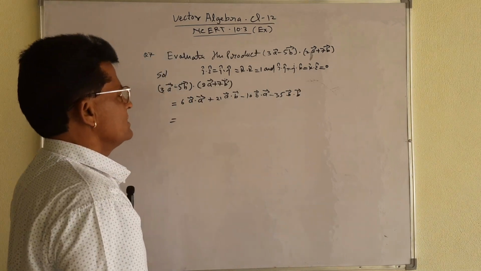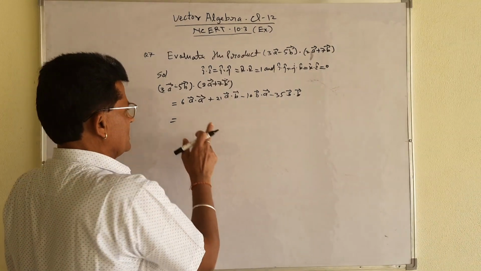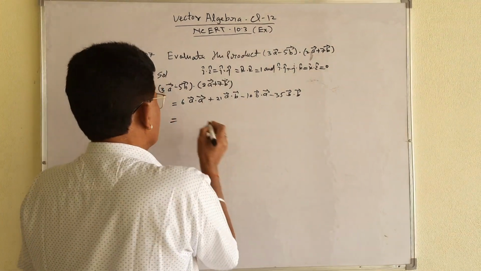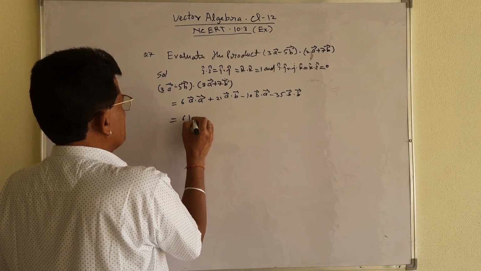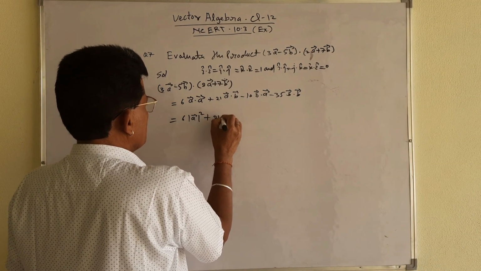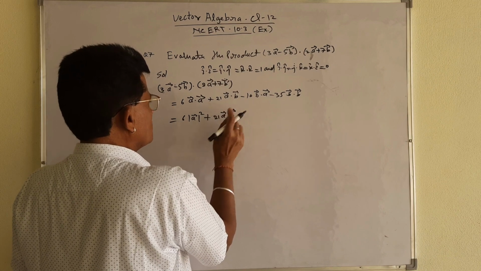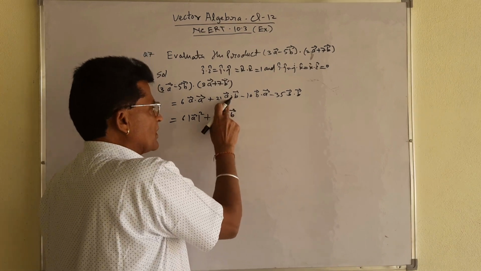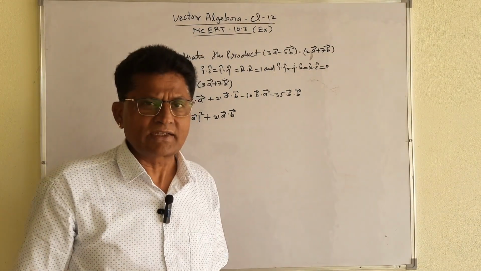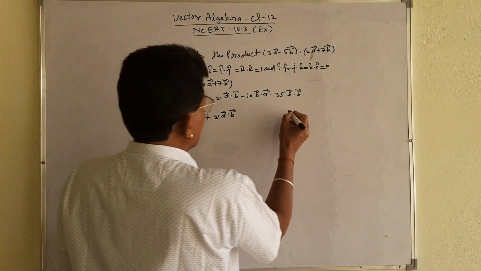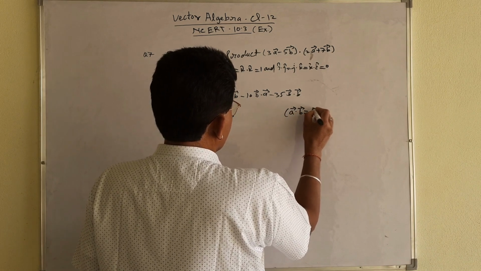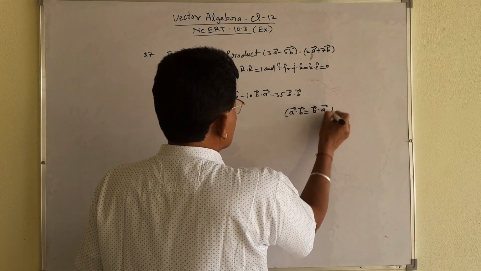I told you already this thing by the definition, whenever the angle will be 0 degrees. Its value will be 6 magnitude of vector a squared plus 21 times the dot product of 2 vectors. The dot product of a and b and b and a are both the same, because the dot product of 2 vectors is commutative.